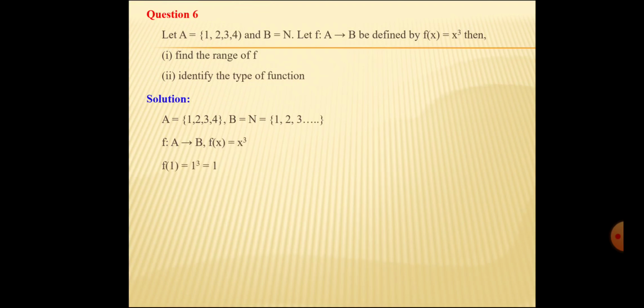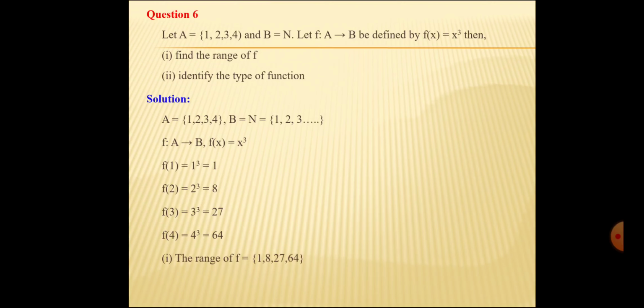First you substitute 1: 1 cube is equal to 1. 2 cubed equal to 8. 3 cubed equal to 27. 4 cubed equal to 64. That is enough because A is equal to {1, 2, 3, 4} only. So the range is equal to {1, 8, 27, 64}. That is enough.